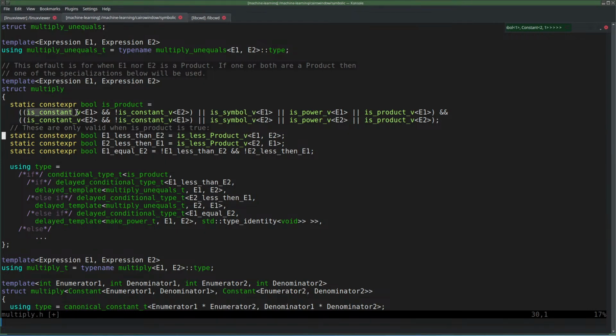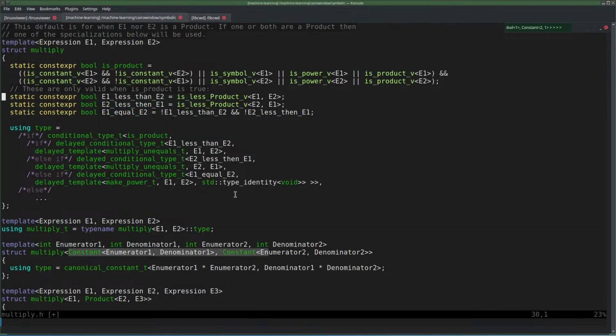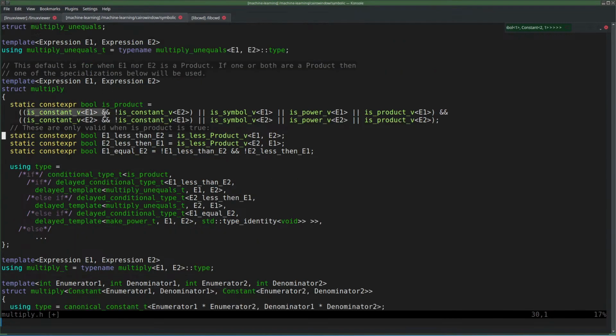This is like, if this is a constant, then the other one must not be a constant. Why is that? Because I have a specialization for 2 constants. So only one of them can be a constant, and then we'll use this. If both are a constant, then this specialization is going to be used. Okay, so that's even more then. So one can be a constant and the other can be not a constant, so E1 is a constant and the other one is a symbol, a power, or a product.